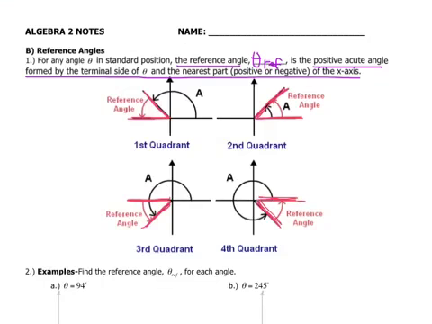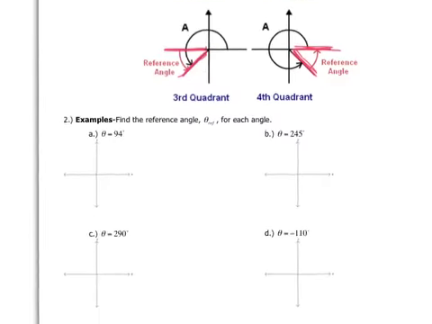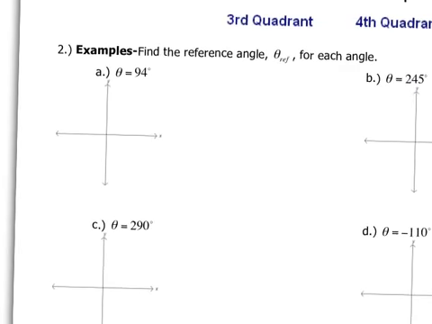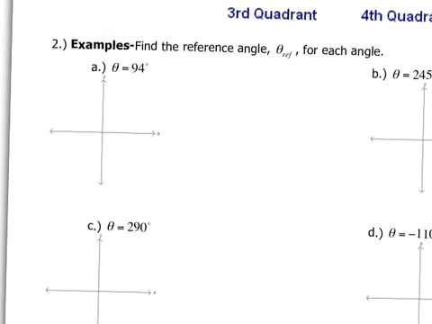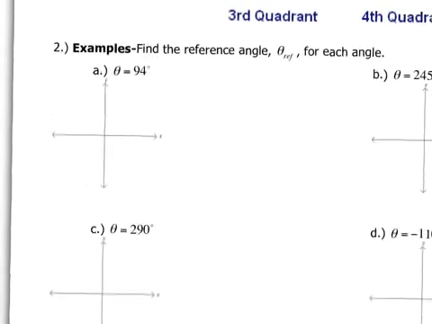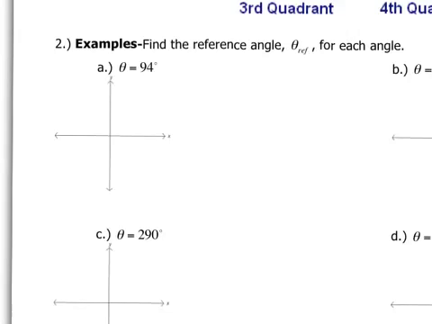Okay. Let's look at some examples now that are more specific. It says to find the reference angle for each angle given. Our first job in all of these examples is to get the actual angle theta sketched out. So you really need to be aware of where the different degrees are.